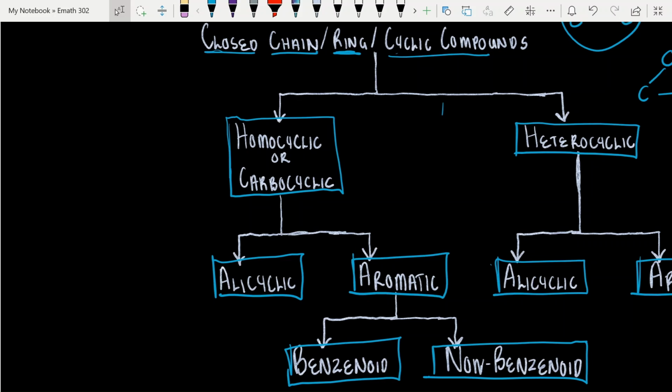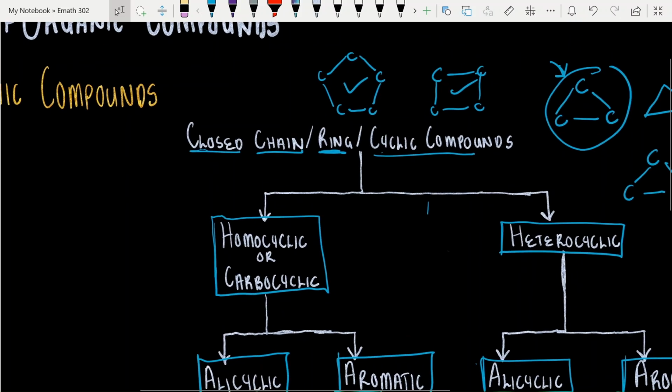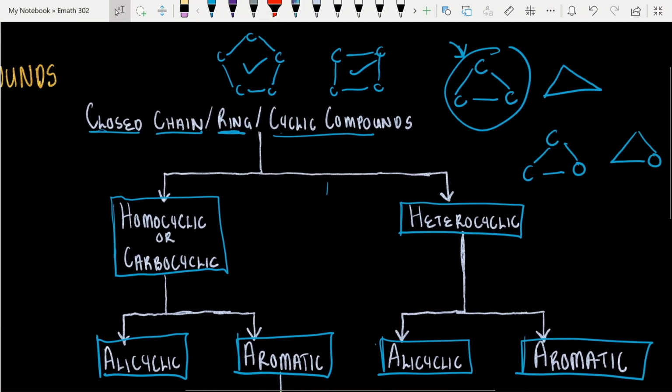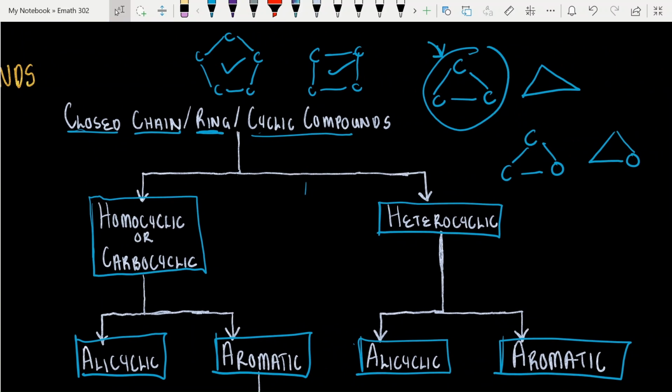This common guy called benzene is so big and is in a lot of things. So we just split the aromatic guys into: do you have benzene or you don't? If you have benzene, we call you benzenoid. If you don't, we call you non-benzenoid. But it is on aromatic. Really, where it was ending is aromatic versus alicyclic. That's the last stage of both.